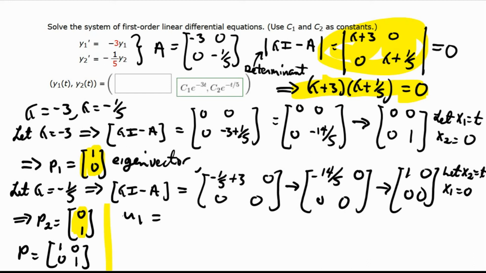So U sub 1 is equal to C sub 1 times e to lambda sub 1 times x or t, whichever variables they're using. I think they're using t here for this textbook. So that first lambda is -3, let's say times t. And then we'll put U sub 2 is C sub 2 times e to the -1/5 t.